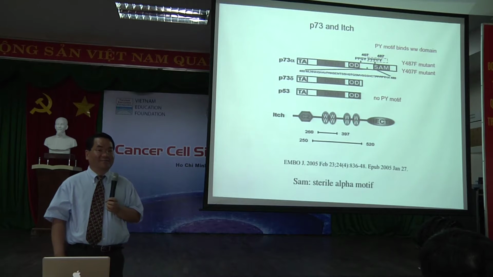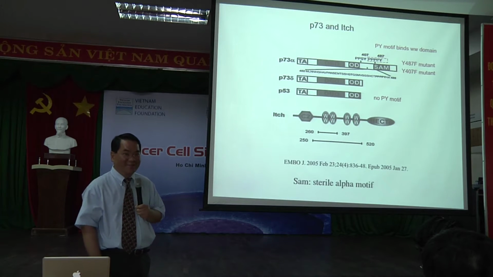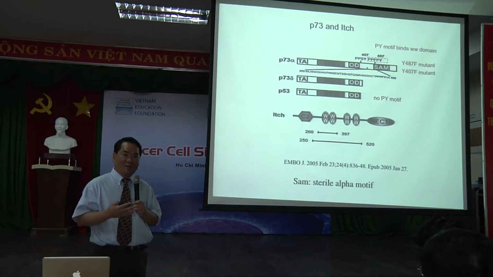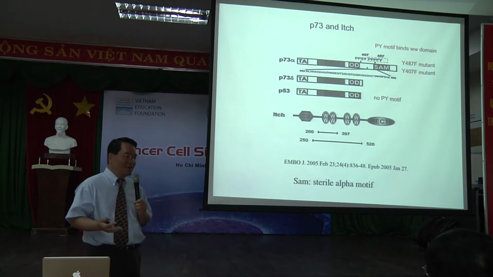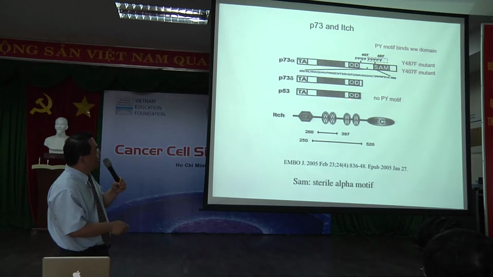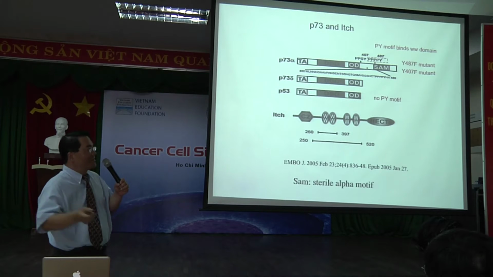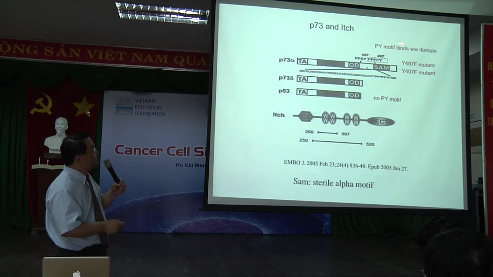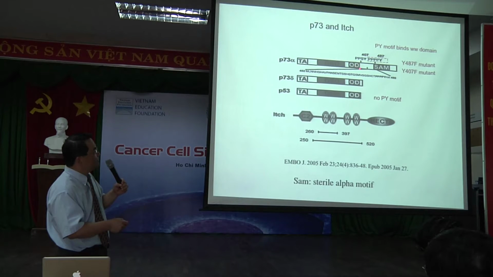P53 has a cousin, right? P73. Again, this protein also gets degraded by the ubiquitination process. P73 has an alpha, beta, gamma form, etc. Very complicated. But the alpha form has a motif here called the PY motif.